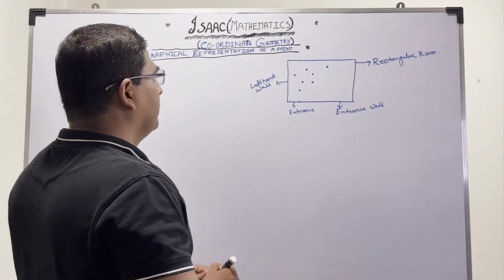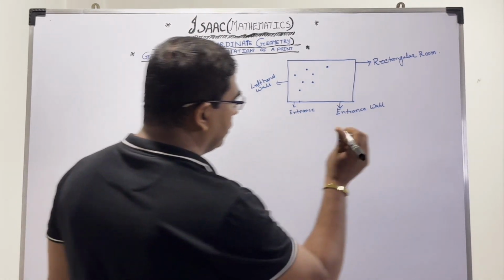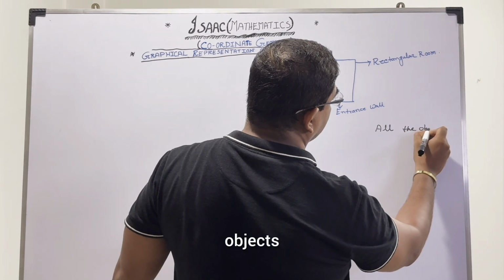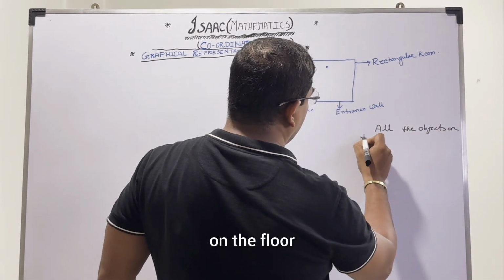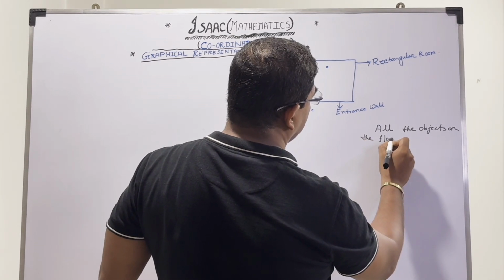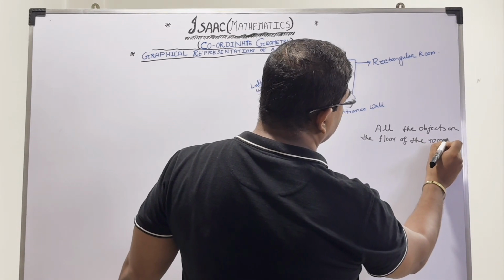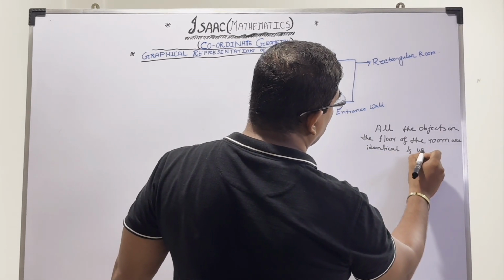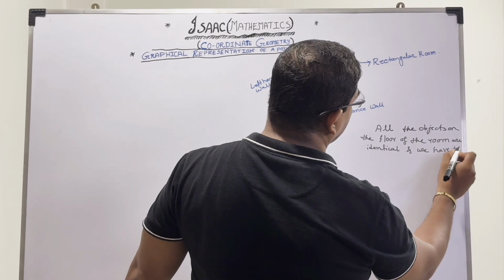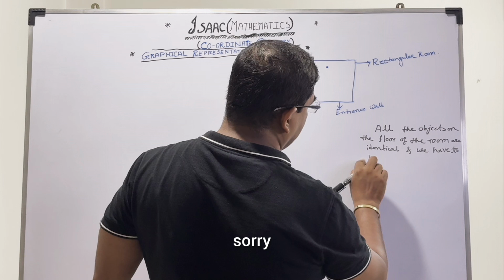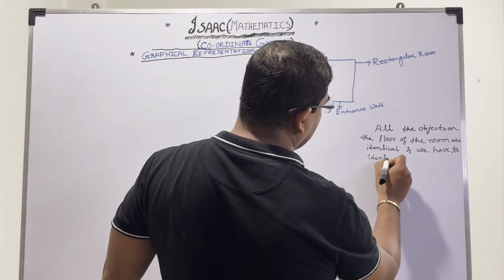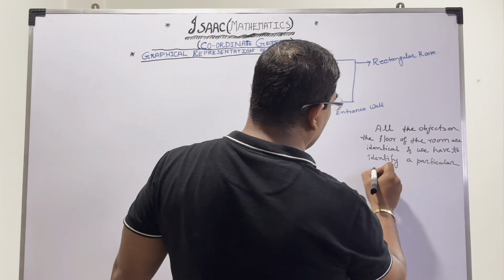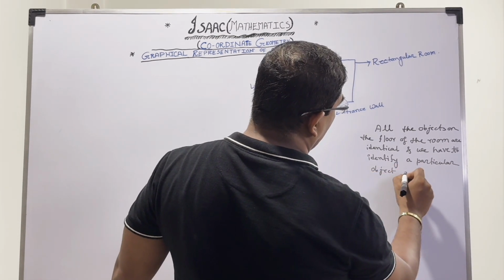Suppose all the objects on the floor of the room are identical, and we have to identify a particular object of them.